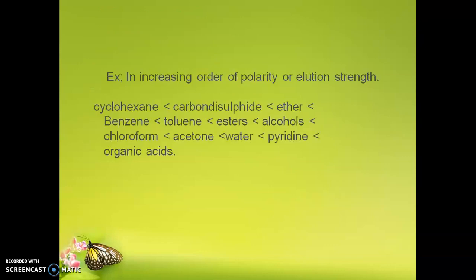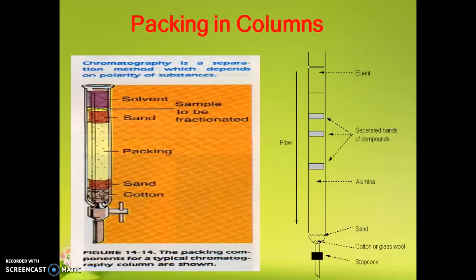Mostly we use solvents according to their polarity. The most non-polar is cyclohexane, after that carbon disulfide, ether, benzene, toluene, ester, alcohol, chloroform, acetone, water, pyridine or organic acid. So based on polarity we can choose the solvent, depending on our sample nature.